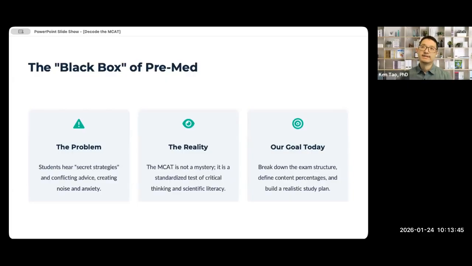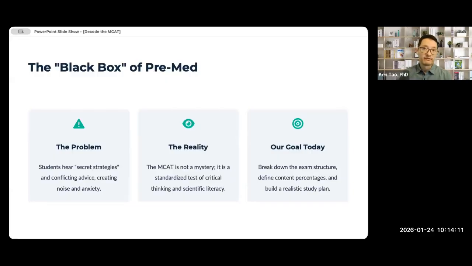Well, it's essentially that you have to recognize that the curriculum of a science course that you take at your university is not going to match the curriculum of the MCAT. So what that means is when you take general chemistry, organic chemistry, physics, biology, biochemistry, psychology, and sociology at your university, what you learn is whatever your professor decides is important.